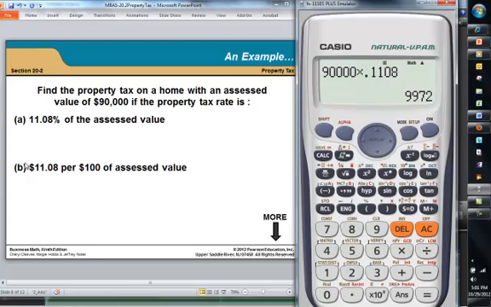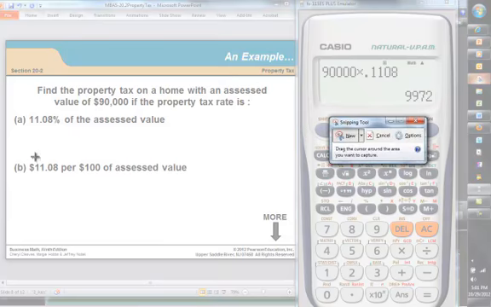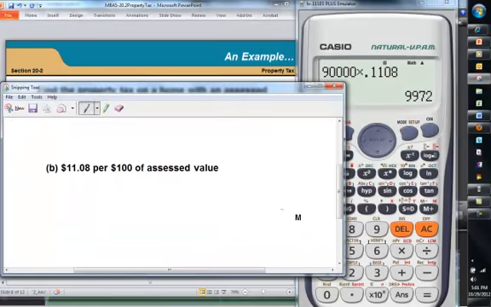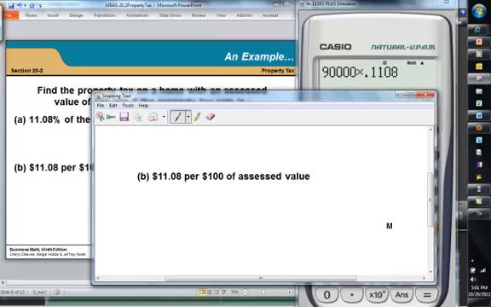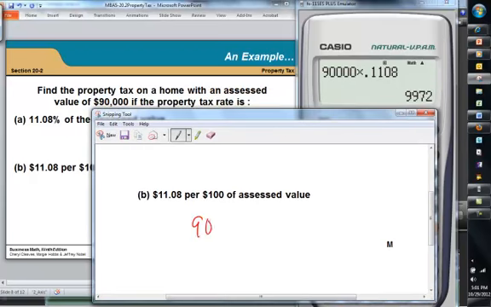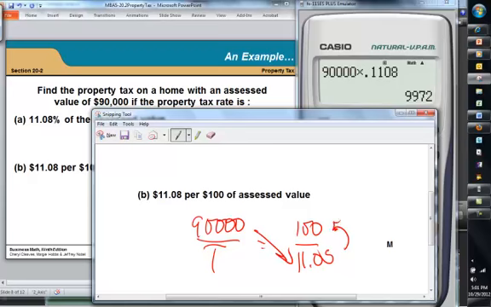Now, in this next case, you do get the same amount, but I'll show you how it's different. What you want to do in this case is write it as a proportion. So you would have 90,000 is to the tax as $100 is to 11.08. So cross multiply and divide.